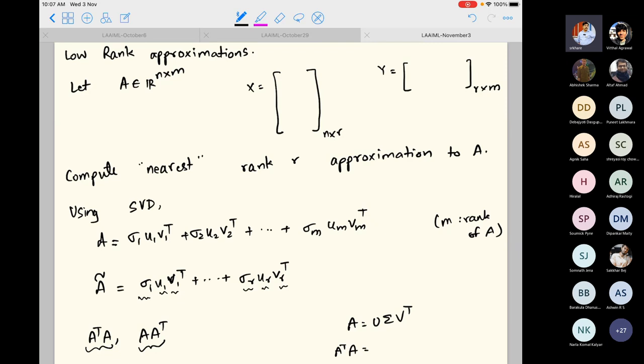A transpose A will be V sigma transpose U transpose U sigma V transpose, which will be equal to V sigma transpose sigma V transpose. So sigma transpose sigma will have the eigenvalues of this symmetric matrix A transpose A, and V will have the orthogonal eigenvectors of A transpose A. So the squares of the singular values are what you obtain as eigenvalues of A transpose A, and V is basically the eigenvectors. Similarly, you can do the computation for A A transpose and then you can obtain U.